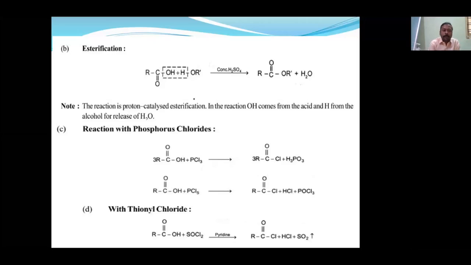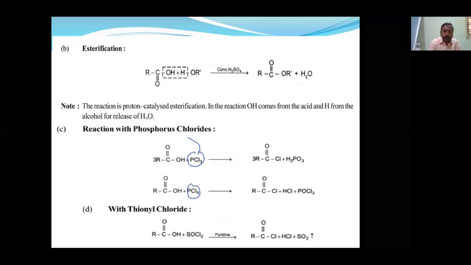Okay, next is the reaction with phosphorus chloride. Phosphorus forms two types of chloride, trichloride and pentachloride. Once it is trichloride, you should make sure that 3 moles must be there.